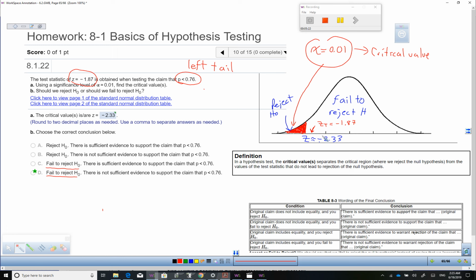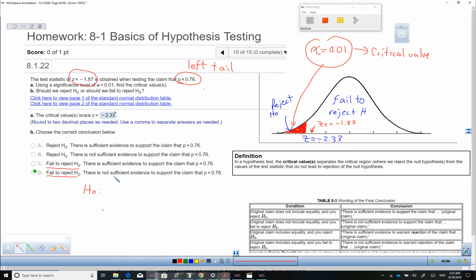We could say that it is a benchmark. If your test statistic falls anywhere to the left of this value, we would reject the null hypothesis. But if it falls on the right side, we fail to reject. So let me write the null hypothesis.